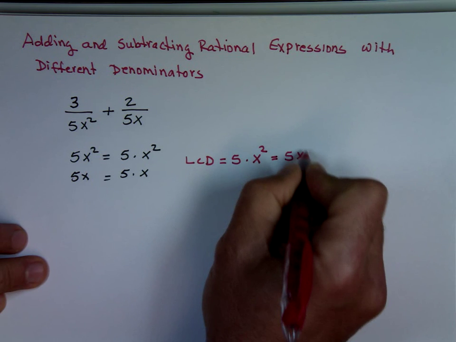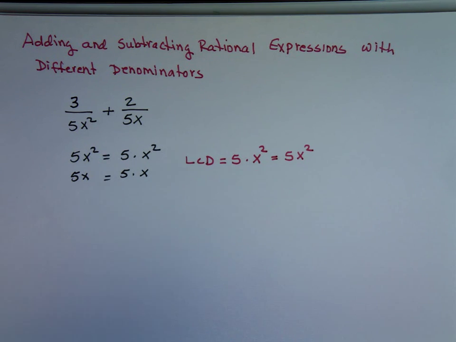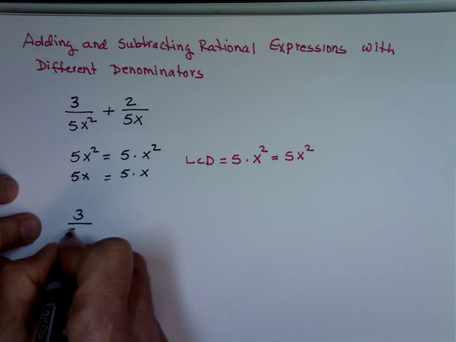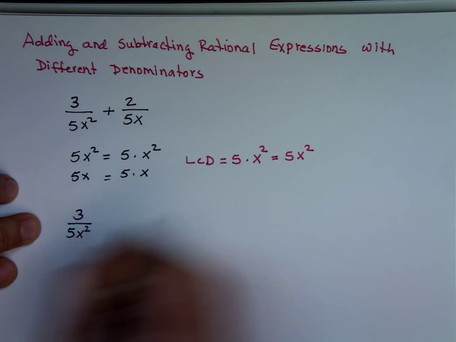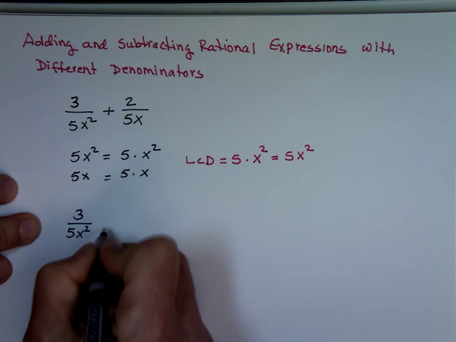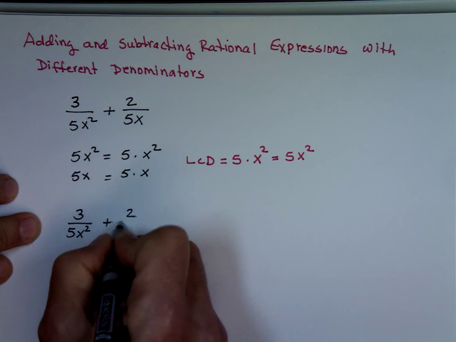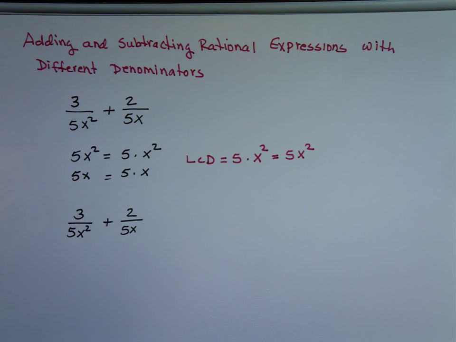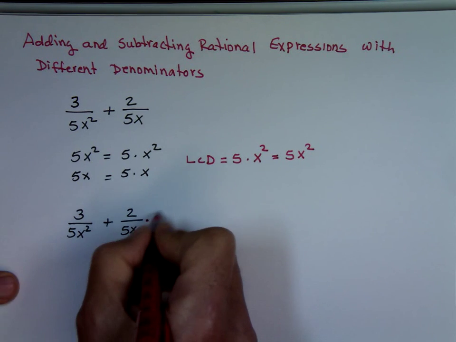So it's 5x squared. So now I'll take the first fraction, and the good news, that's already over 5x squared, so I don't have to change it. But the second one, it's not 5x squared. So to make it 5x squared, I will need to multiply the top and the bottom by x.